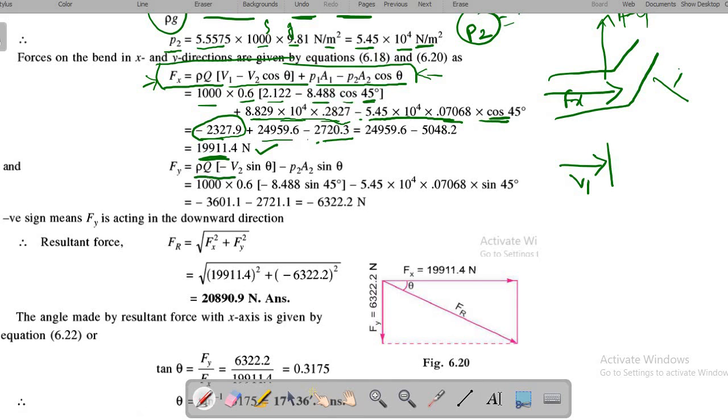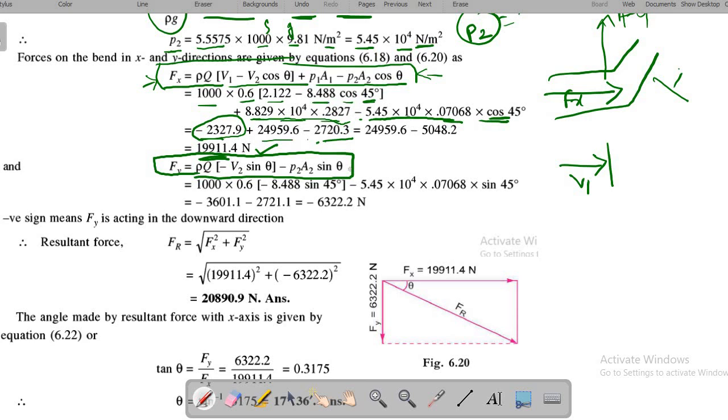Then Fy is given by this equation. This also important, you should remember. Okay, so Fy is equals to rho q into minus v2 sin theta minus p2a2 sin theta. This is because along y direction in the section 1 there is no any velocity components along y direction, but in the section 2 we have the velocity component.